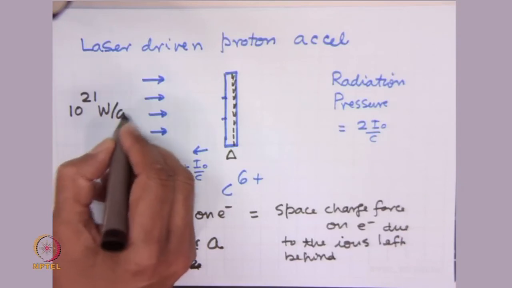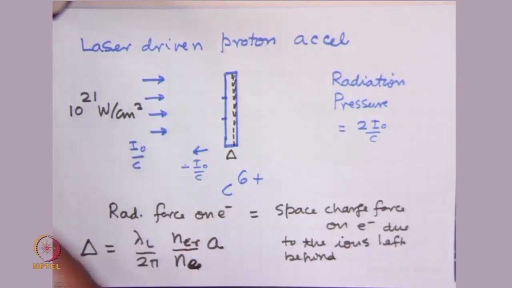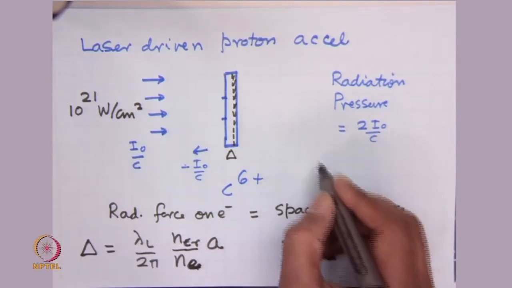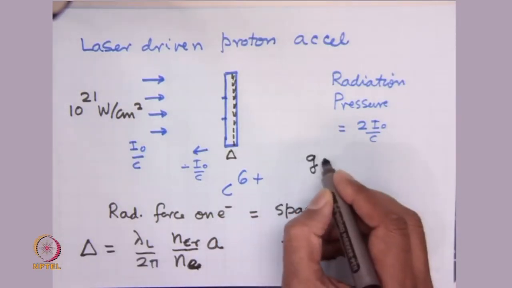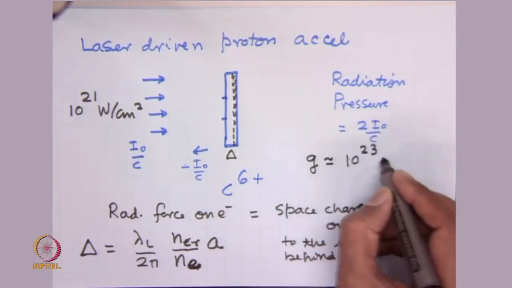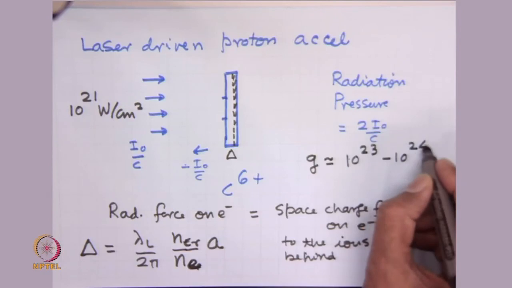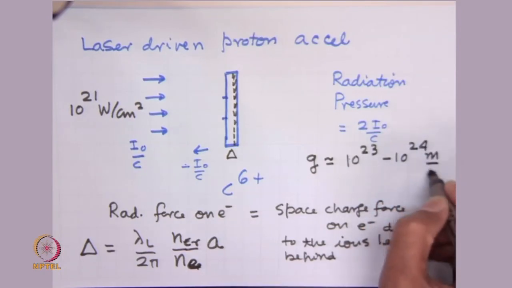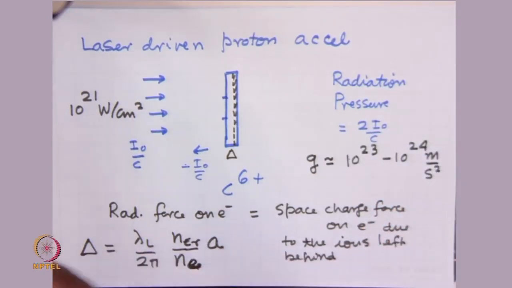watt per centimeter square, then you can accelerate electrons with an acceleration, equivalent g, of the order of 10 to the power 23 to 10 to the power 24 meter per second square. Compare this with acceleration due to natural gravity, 9.8 meter per second square.